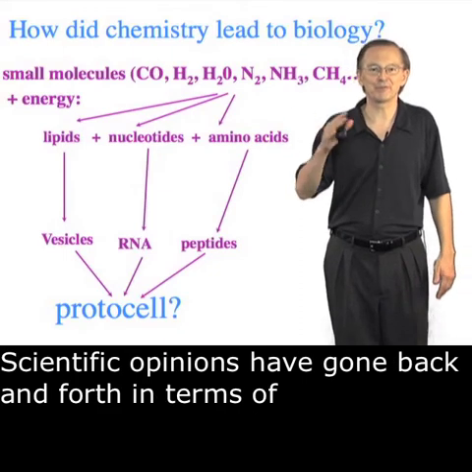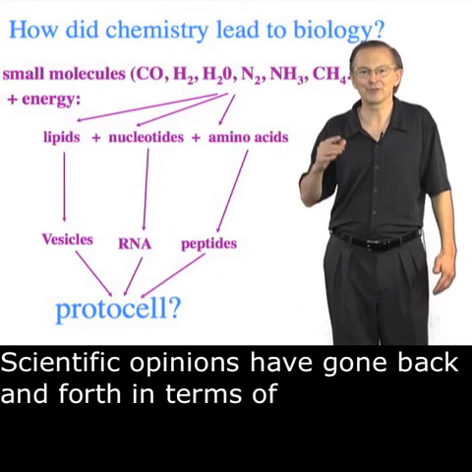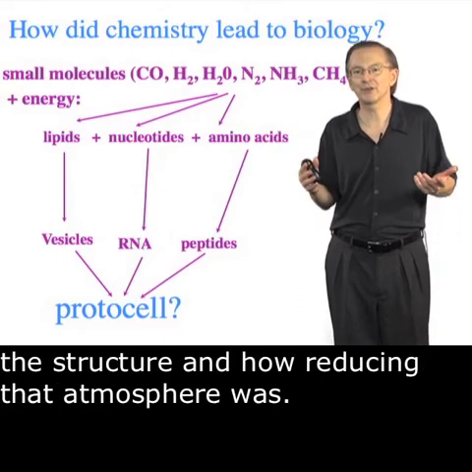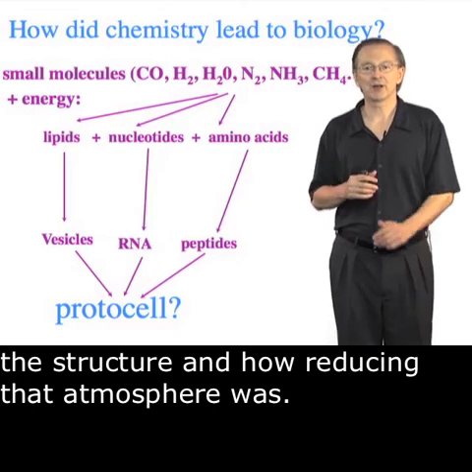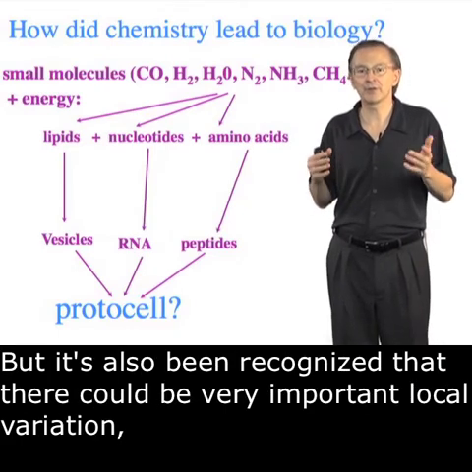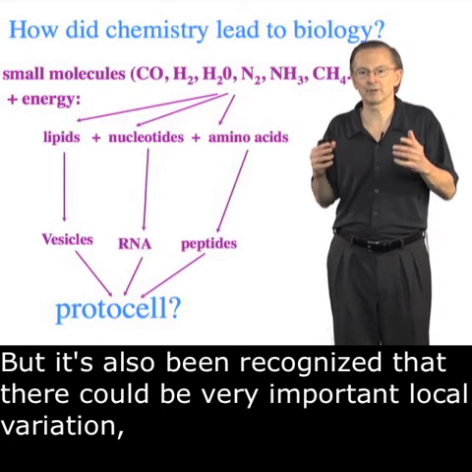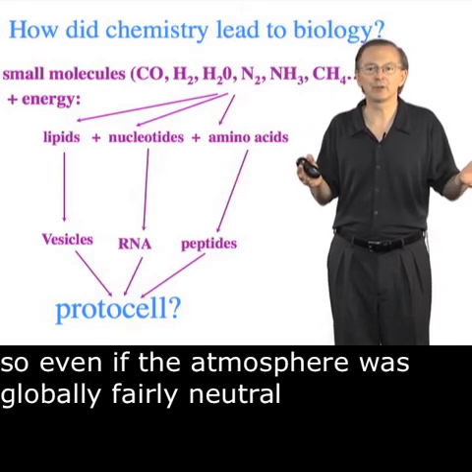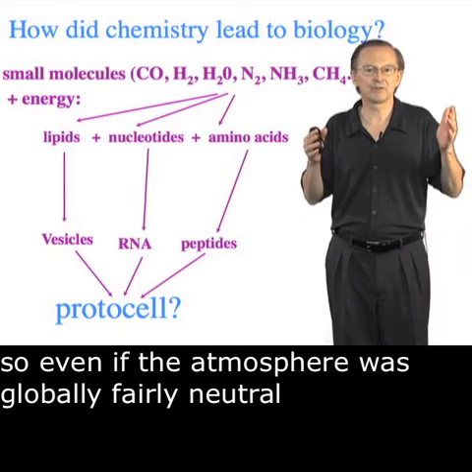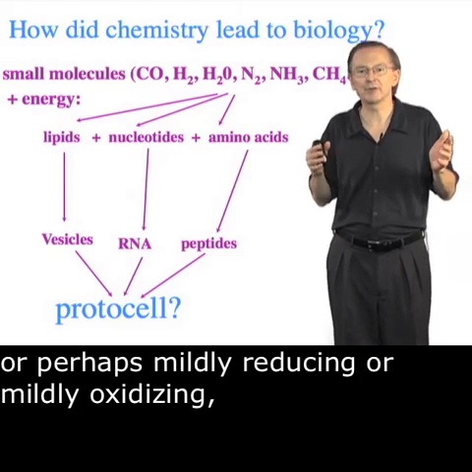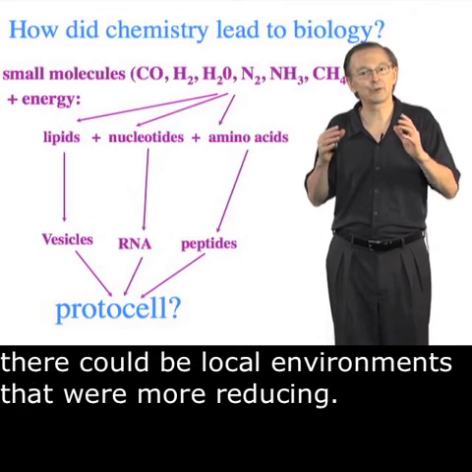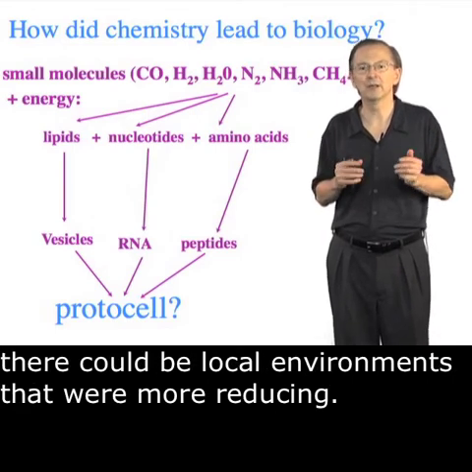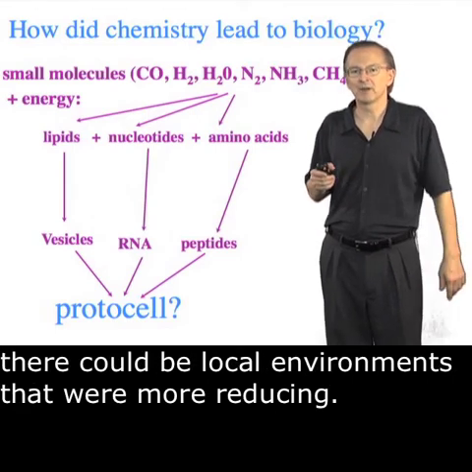Scientific opinions have gone back and forth in terms of the structure and how reducing that atmosphere was. But it's also been recognized that there could be very important local variations. So even if the atmosphere was globally fairly neutral or perhaps mildly reducing or mildly oxidizing, there could be local environments that were more reducing.